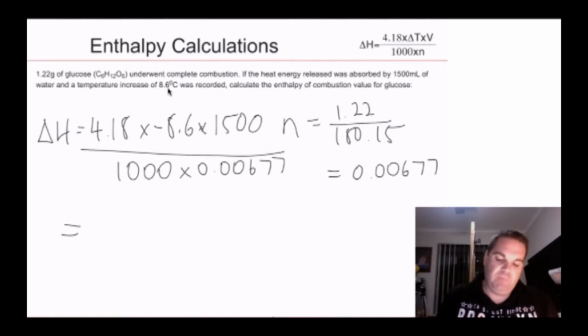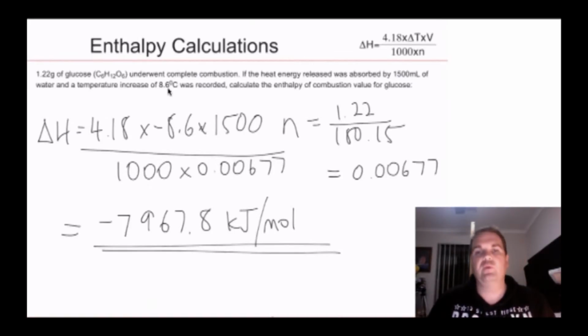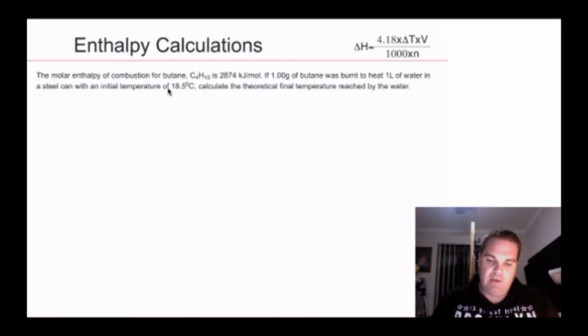Plug that all in, and you get minus 7,967.8 kilojoules per mole. Okay, you can hopefully see it's really important to make sure you get your delta T sign correct, because if you don't, you won't get your sign correct for your enthalpy value. But this is combustion, so straight away hopefully you're thinking, okay, what I need to actually have is a negative value.